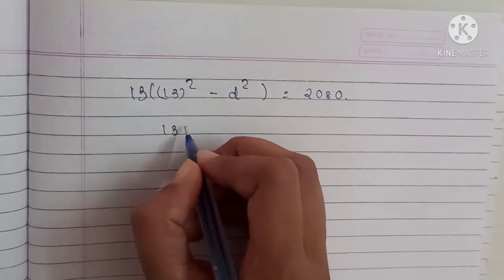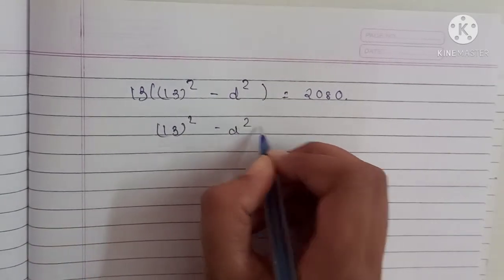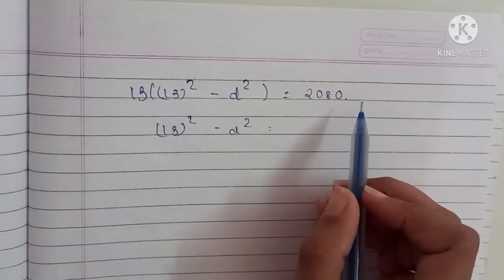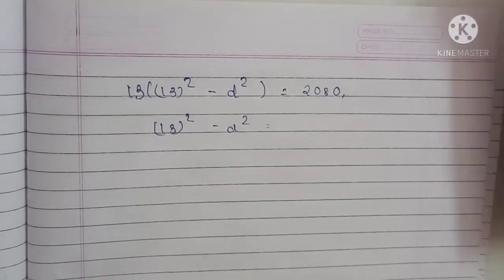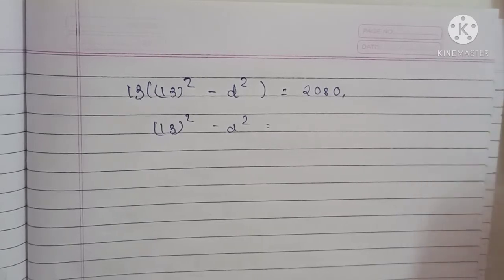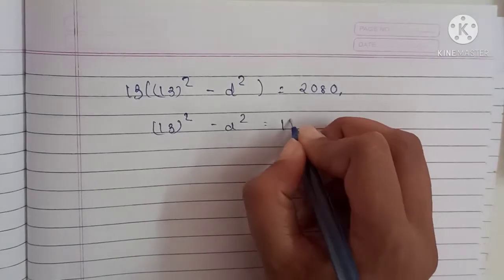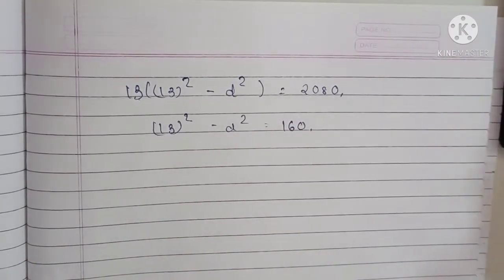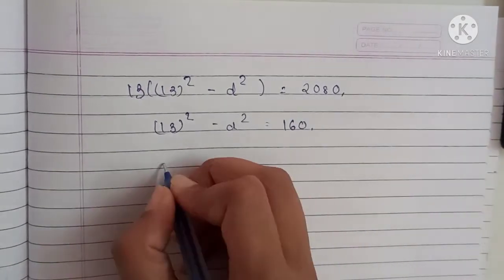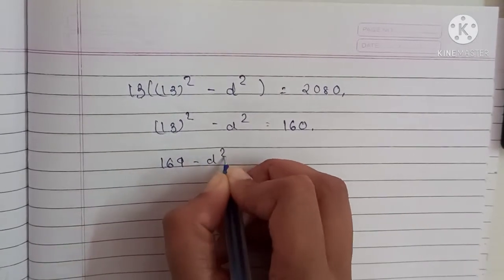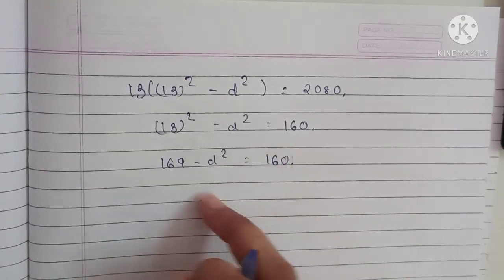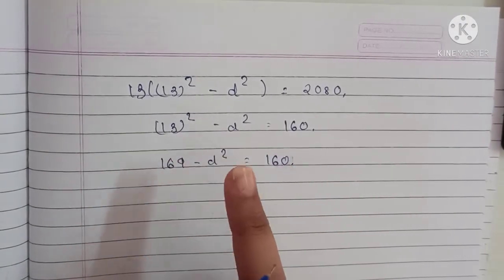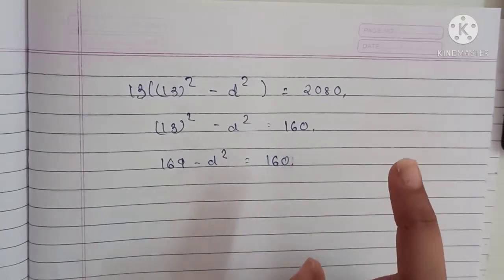So 13 times the bracket, here it's in multiplication, when it goes this side it will divide. So 2080 divided by 13 is 160, and 13 square is 169, so 169 minus d square is equal to 160. So 160 comes this side it will become minus, and d square is minus so it will come this side it will become plus.